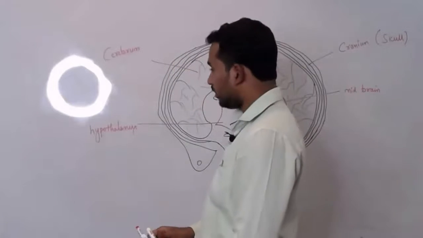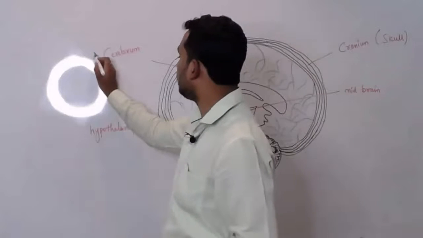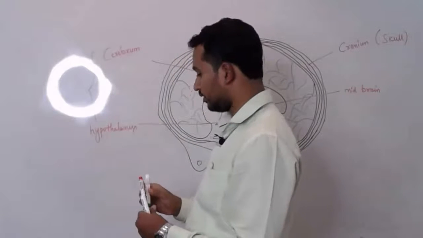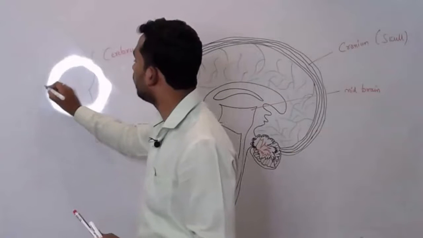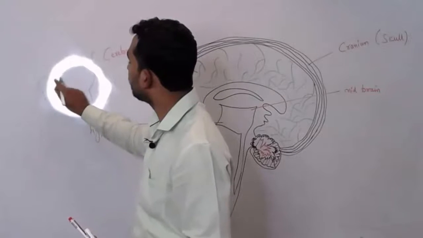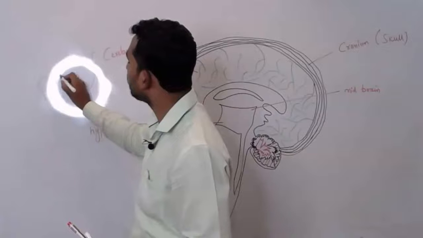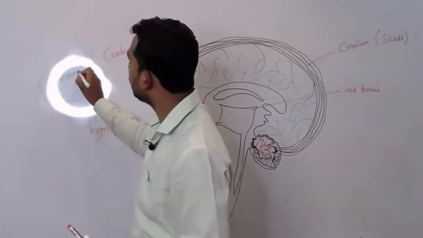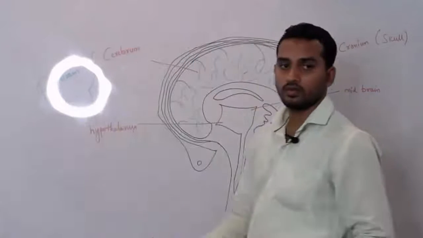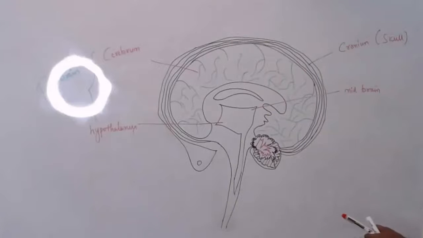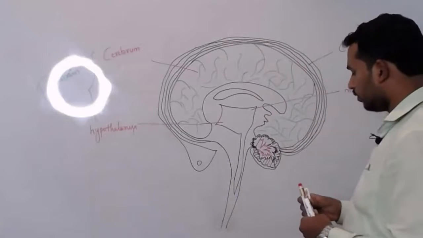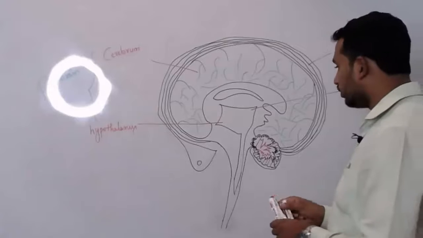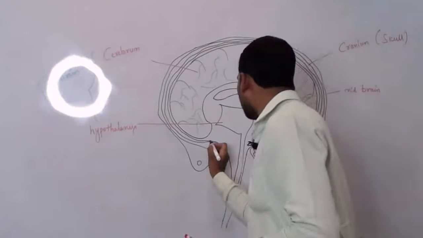The region between cerebrum to hypothalamus, this region is called as forebrain. Forebrain. Okay. Now we can see here this part.